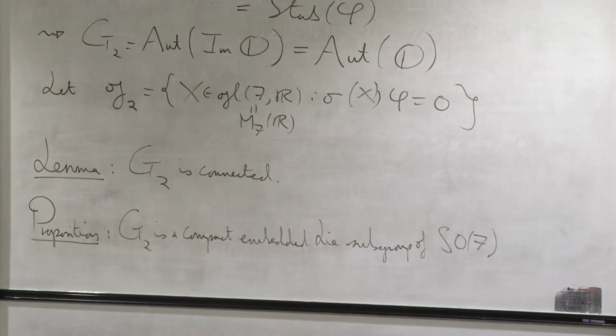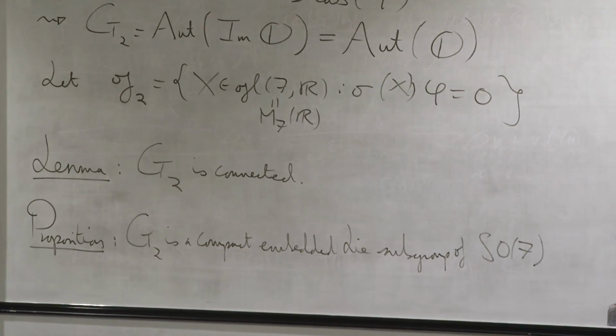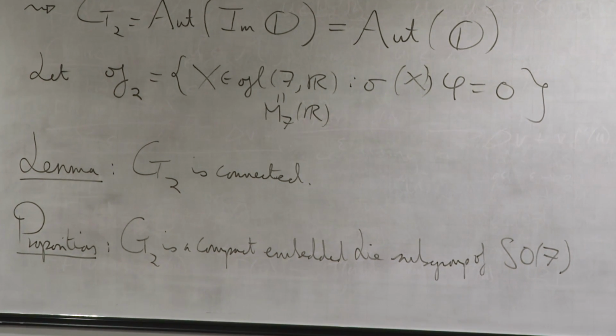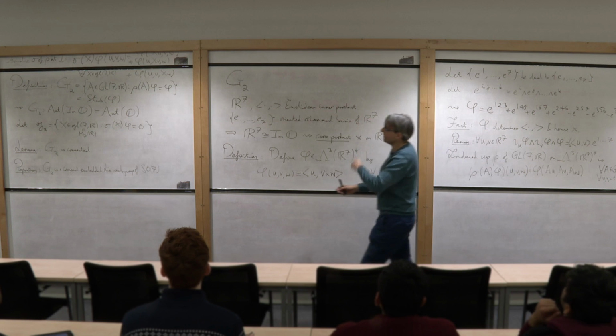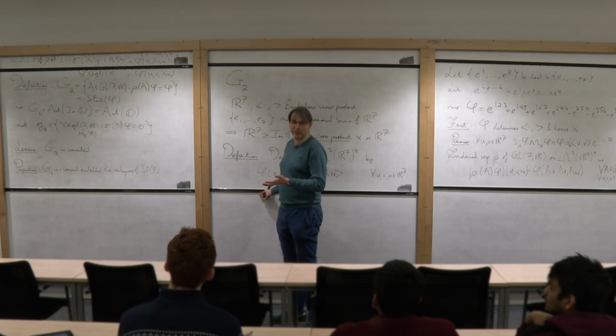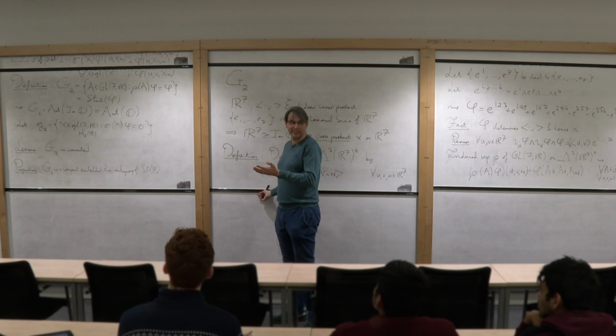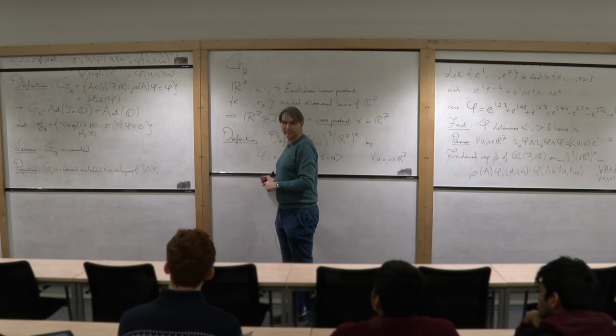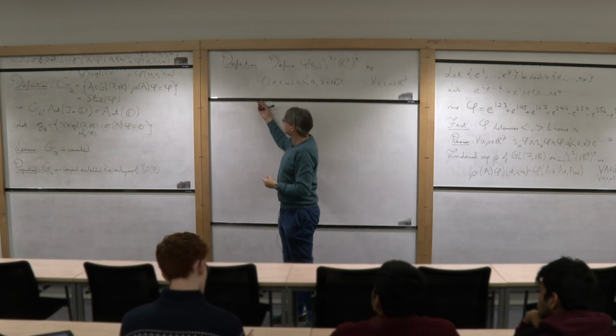If you look in the notes that you've been provided, the way that G2 is defined is as the connected component of the identity in the thing I defined. So that's the other way you can cheat. You can define G2 just to be connected. But in fact, it is what I said it is, and it just turns out to be connected.